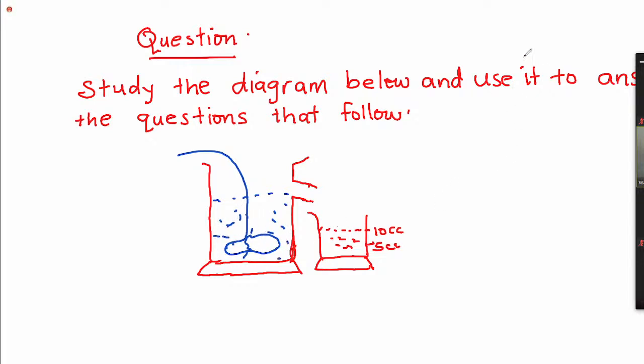Now we can see that this is K, this is M. The questions they might bring here start with Question Roman 1. They say, name the containers.